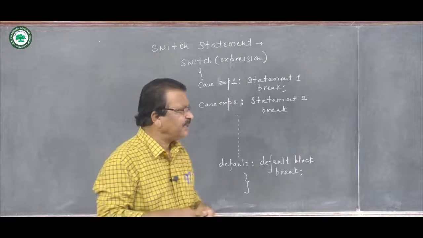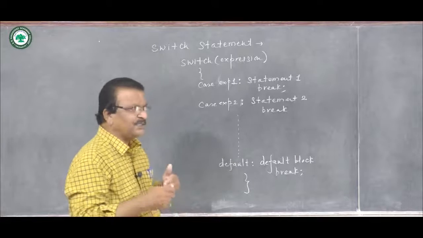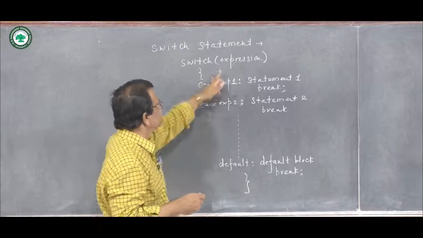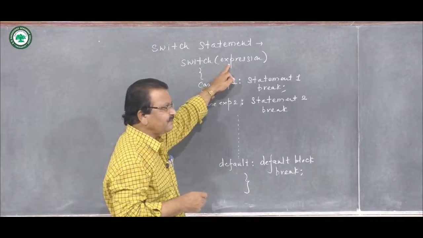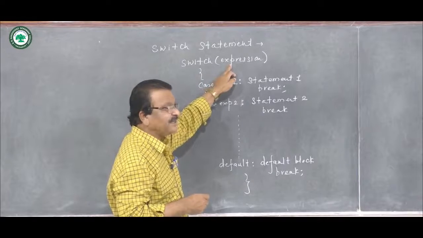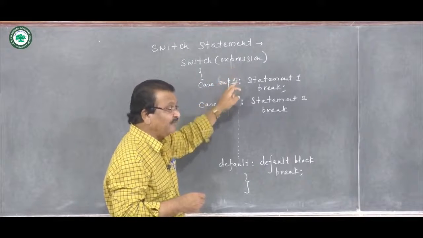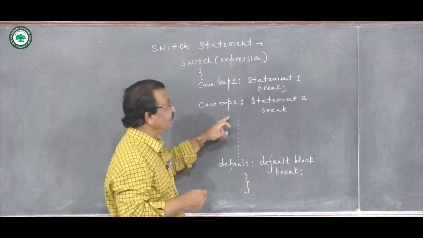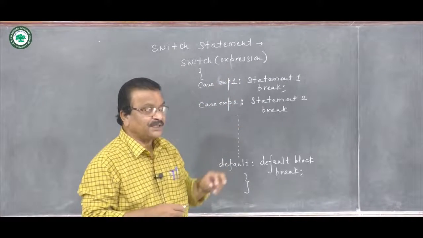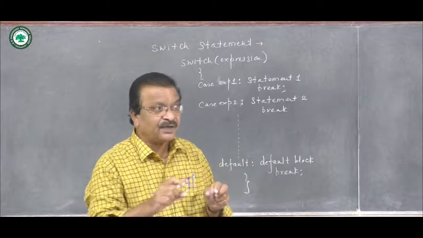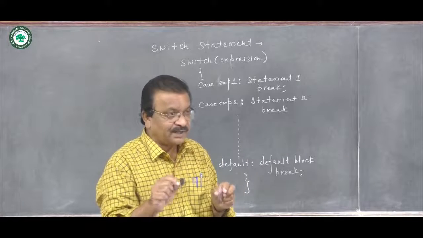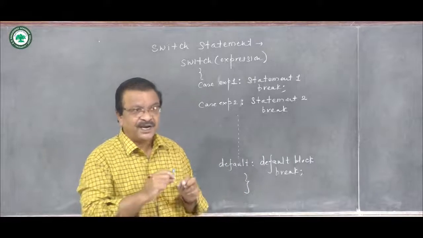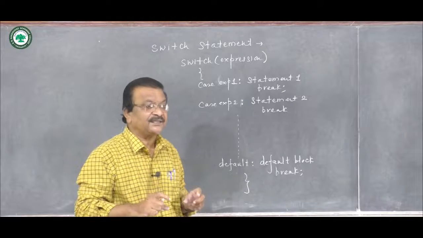When a switch statement is encountered, the expression is evaluated. It results in an integer value, and if one of the case label values matches the value of the expression, then control is directly transferred to that particular group of statements, and that group gets executed.